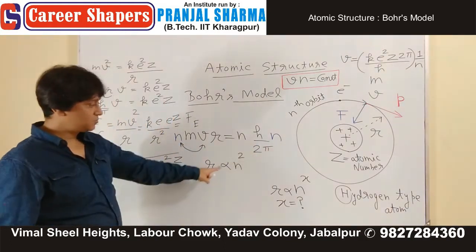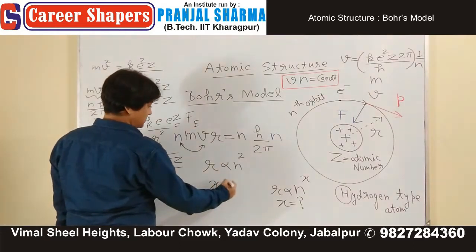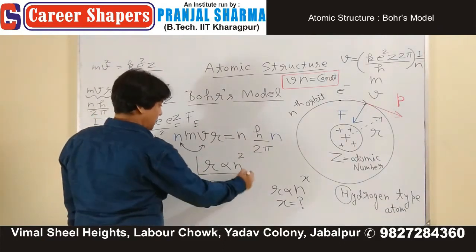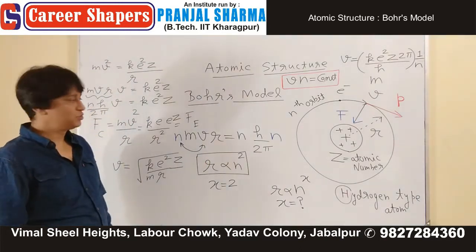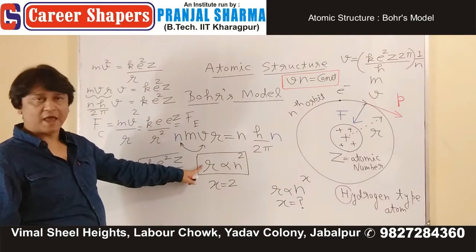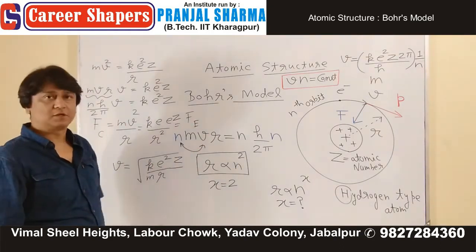So your R is proportional to N square. This gives us x equals 2. And this part, again in itself, is an objective question. According to Bohr's model, radius of nth orbit is proportional to what? That's the answer.